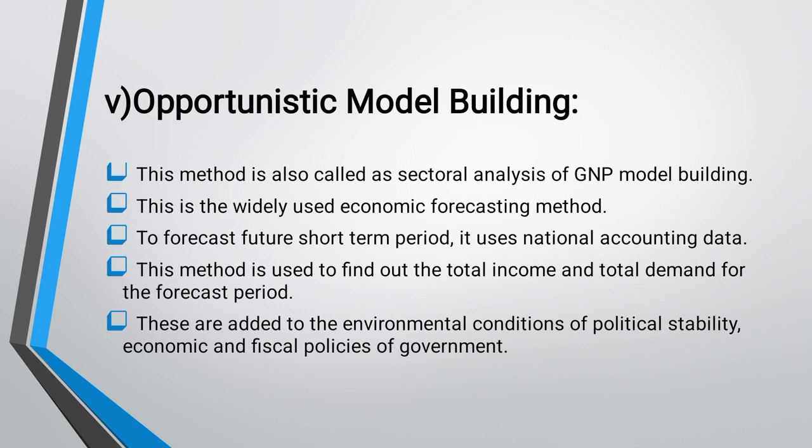This method uses national accounting data to forecast for the future short-term period. It is a flexible as well as a reliable method of forecasting. The method of forecasting is found out through the total income and total demand for the forecast period.